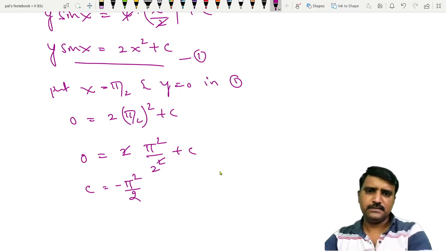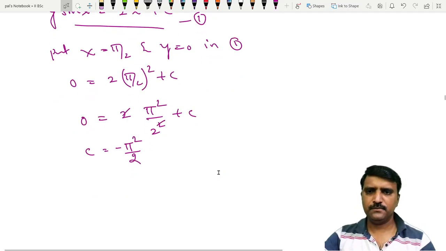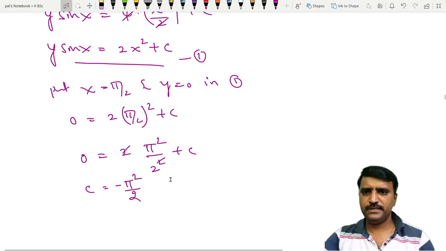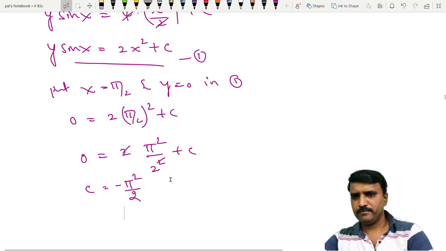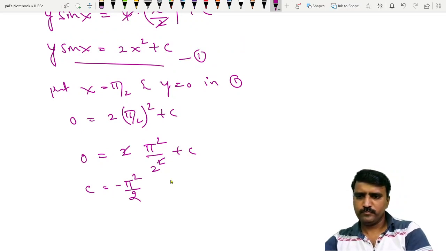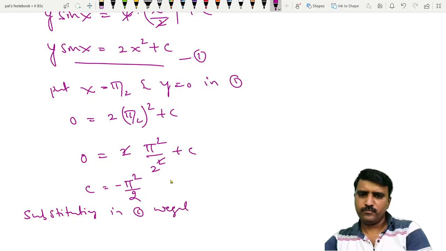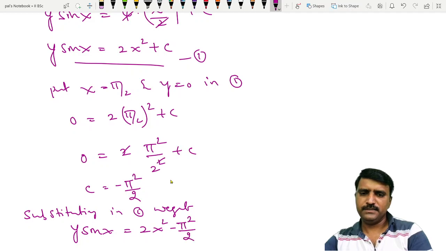Substituting this in 1, we get y sin x is equal to 2x square minus pi square by 2.